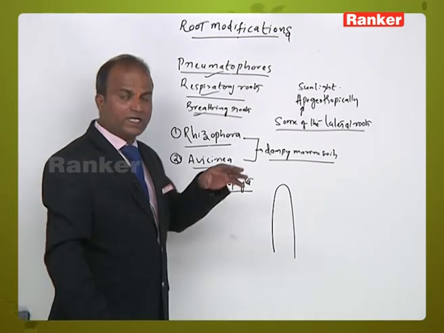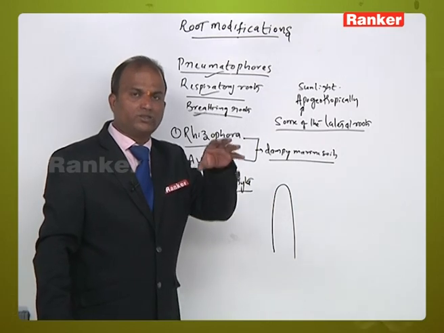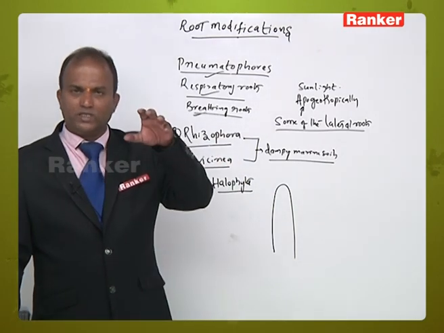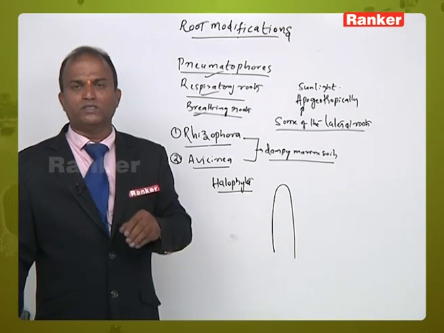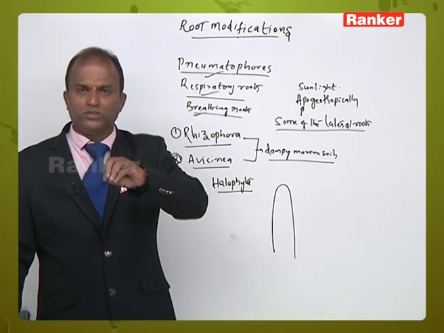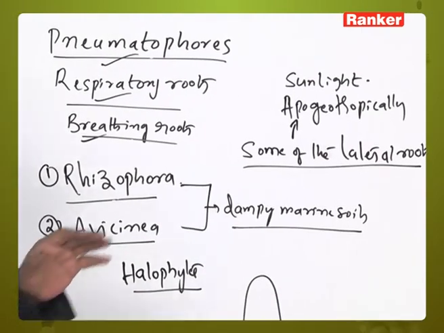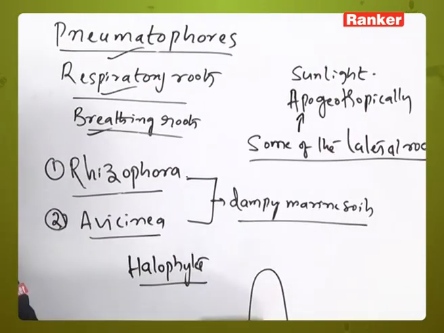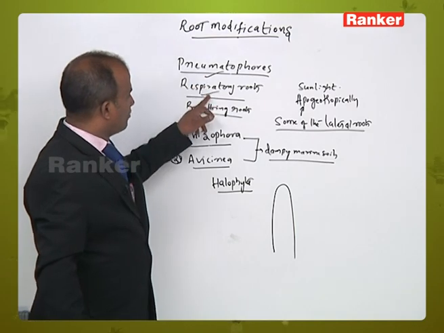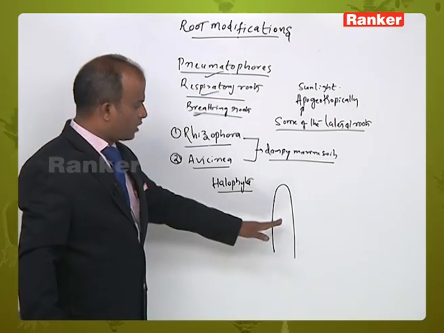Whereas the taproot system and some of the lateral roots grow towards the soil, which is positively geotropic and negatively phototropic. That is nothing but the nematophore, or respiratory root, or breathing root.